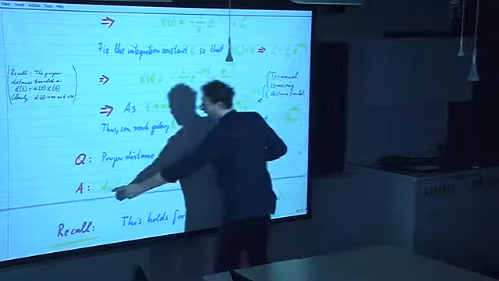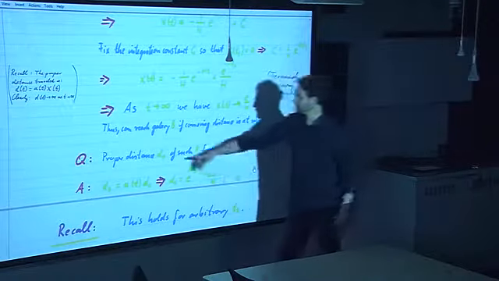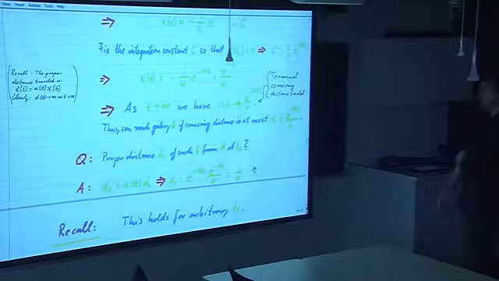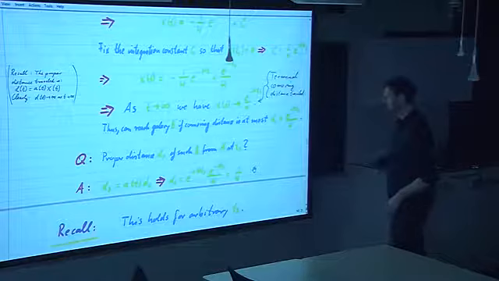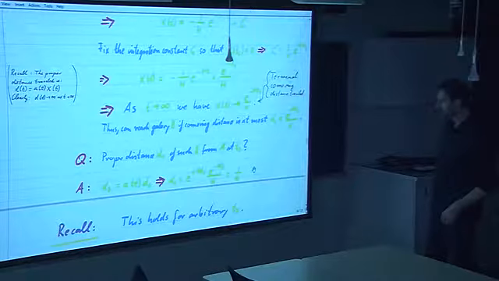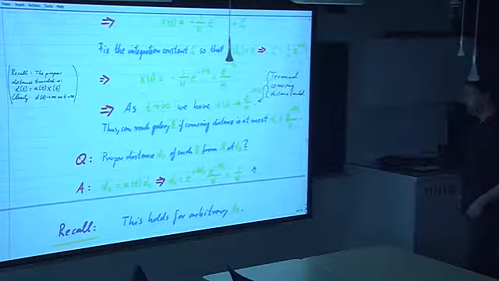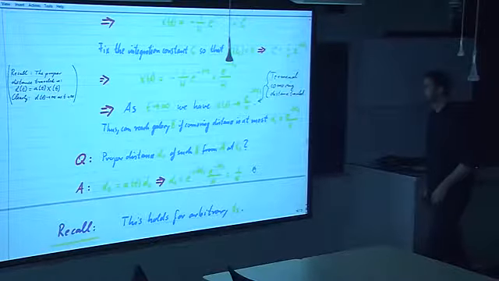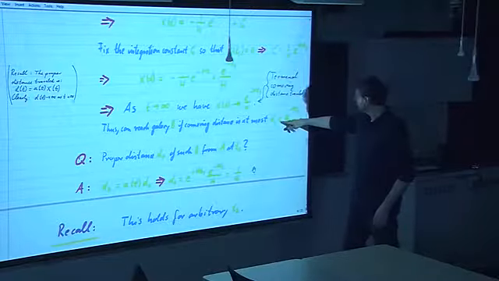Well, we have that the co-moving distance is this, and the proper distance, dp, is what we want to calculate. What is ds now? I think ds is dp, right? Yes, that's right. So this is the co-moving distance, and we want to know what was the proper distance.